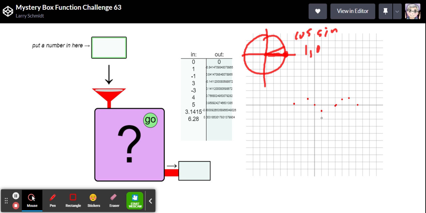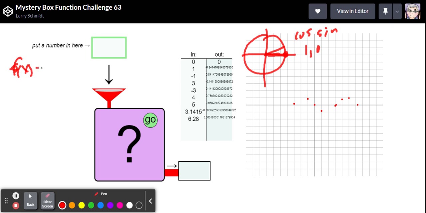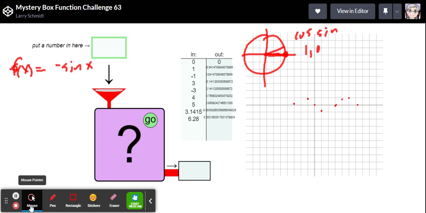So it's as if the sine has been flipped upside down. So I'm going to propose that maybe f of x is the negative sine of x. That would work out with 0 and 2 pi. How about pi over 2? Pi over 2 is close to 1.5, and I think that's close enough for us. So let's put in 1.5 and see what we get.